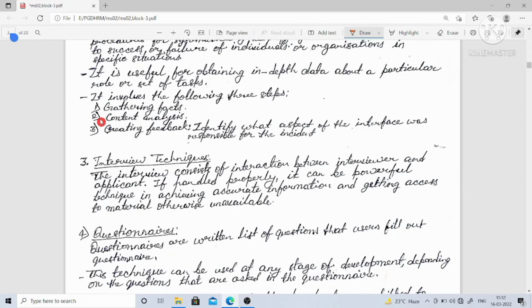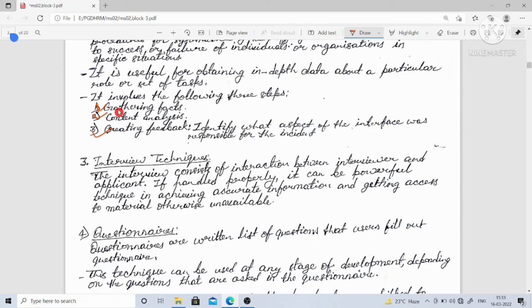Third is creating feedback, which means identifying what aspect of the interface was responsible for the incident, means the reasons for the incident are identified. So: gathering facts, content analysis, and creating feedback, or identifying the interface responsible for the incident.